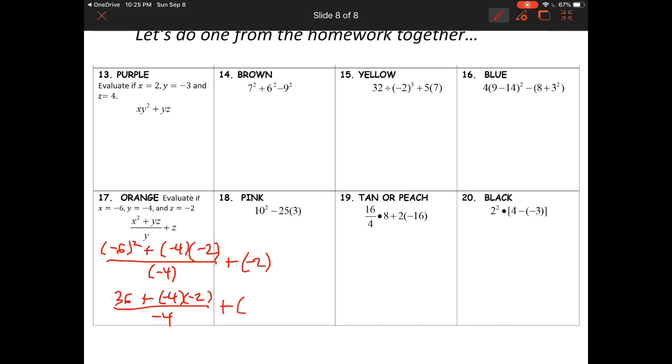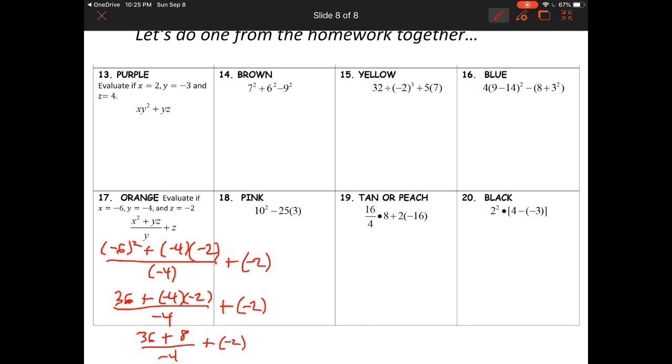So for now, I'll leave it as plus negative 2. Now 36, let me try to fix that. That's a little bit better. Plus negative 4 times negative 2, that's positive 8, right? Same sign, positive. So 36 plus 8 all over negative 4 plus negative 2 hanging out there at the end.